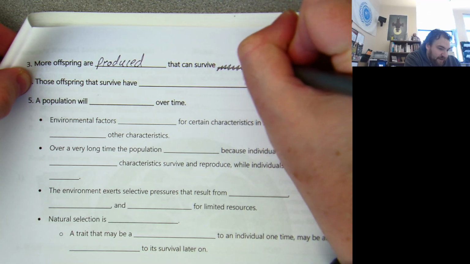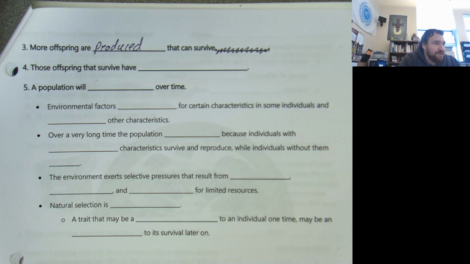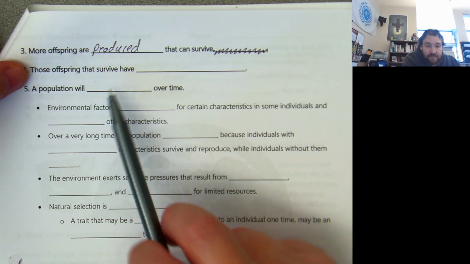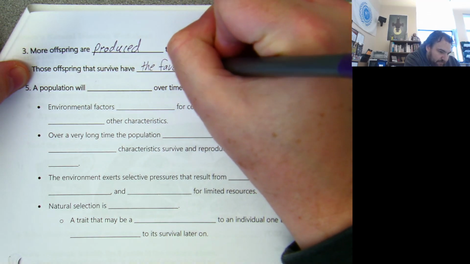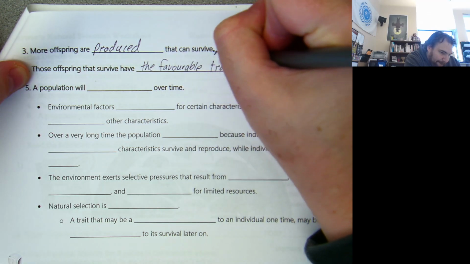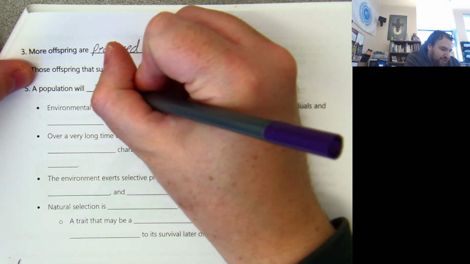You get a ton of offspring that are produced, more than are going to just survive on their own. The offspring that do survive have the favorable traits. And if the offspring that are surviving are only the ones with the favorable traits, then you're going to get a population that will change over time.